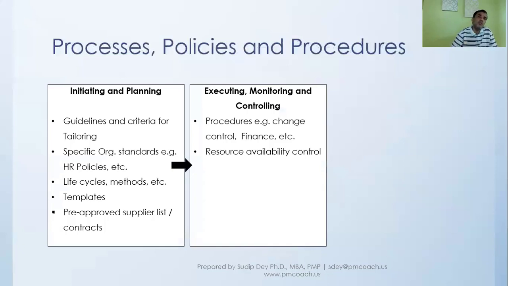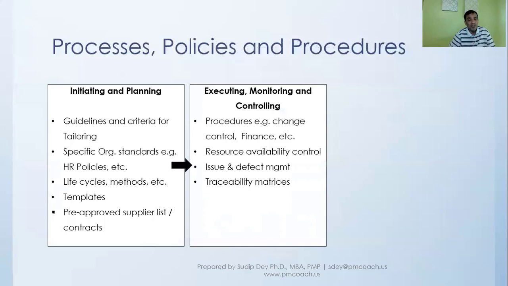Or maybe you have found there is a valuable resource in another area who is getting released and will be very useful to your project. Now, how do you go about acquiring that resource? So there are controls on how you get your resources. Then issue and defect management: how issues and defects that come are managed, how they are tracked, and so on and so forth. There will be some set down processes.